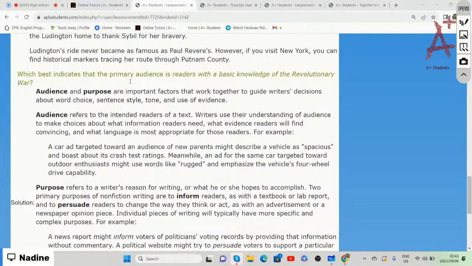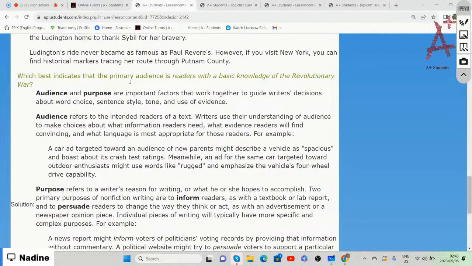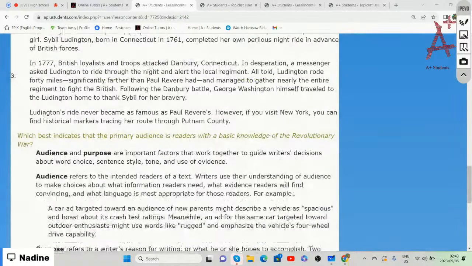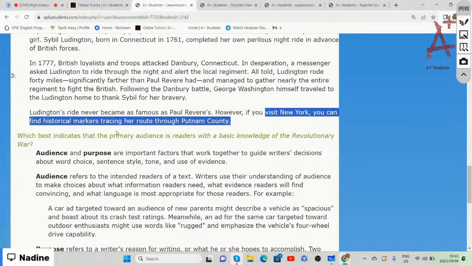Which means that here they're even giving you information by saying Luddington's ride never became as famous as Paul Revere's. However, if you visit New York, you can find historical markers tracing her route through Putnam County, which means that whoever is into the Revolutionary War probably also visits New York.